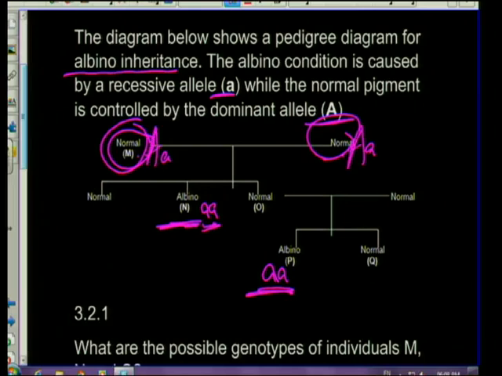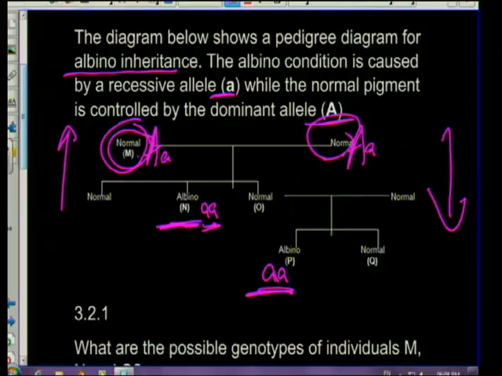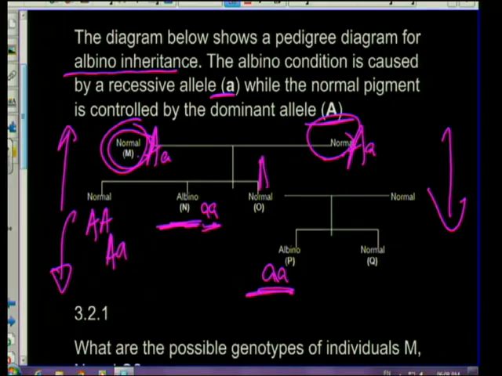That's how we determine whether normal ones are homozygous or heterozygous. We either look above or we look below. So we have that situation there. This normal one, we won't be able to say whether it's AA or Aa because there's no further links here. This one is normal. Again, it could be AA or Aa.